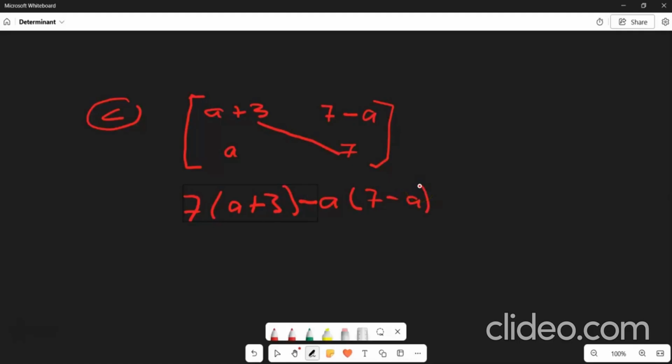Let's multiply: 7a plus 21, then minus 7a plus a squared. The 7a terms are like terms and they cancel each other. So we have 21 plus a squared. This will be the determinant of the matrix.